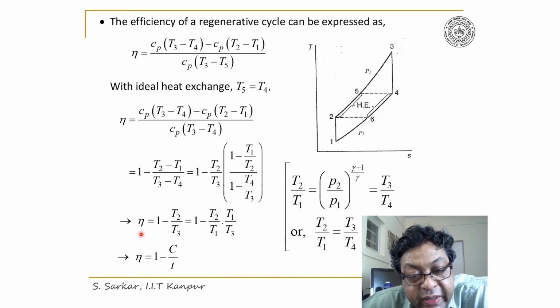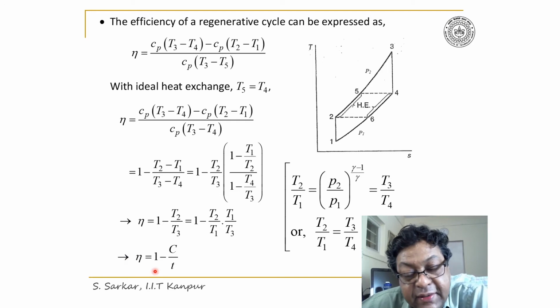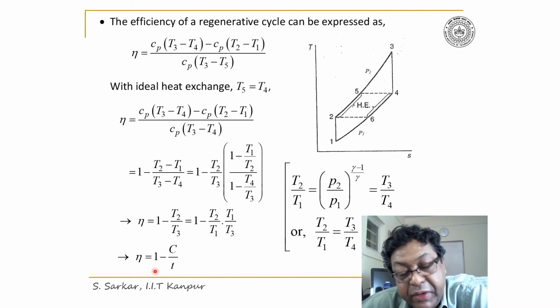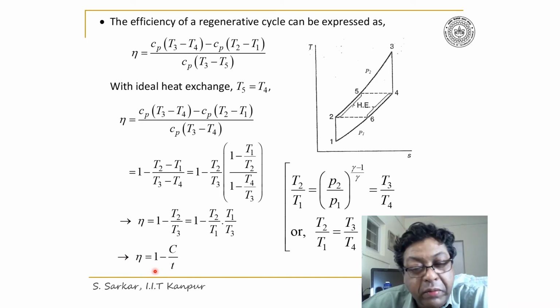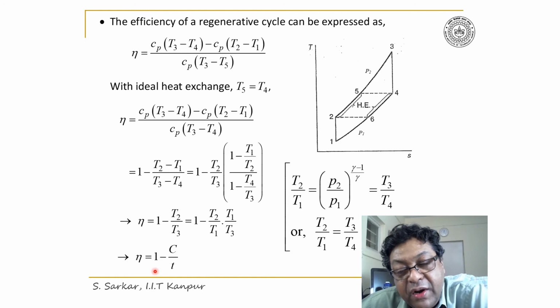Please note that eta here is dependent on the maximum cycle temperature. If you remember the expression of eta for a simple gas turbine cycle, eta was independent of the maximum temperature of the cycle, but here, apart from the pressure ratio, it is dependent on the small t, that is the temperature ratio T3 by T1.